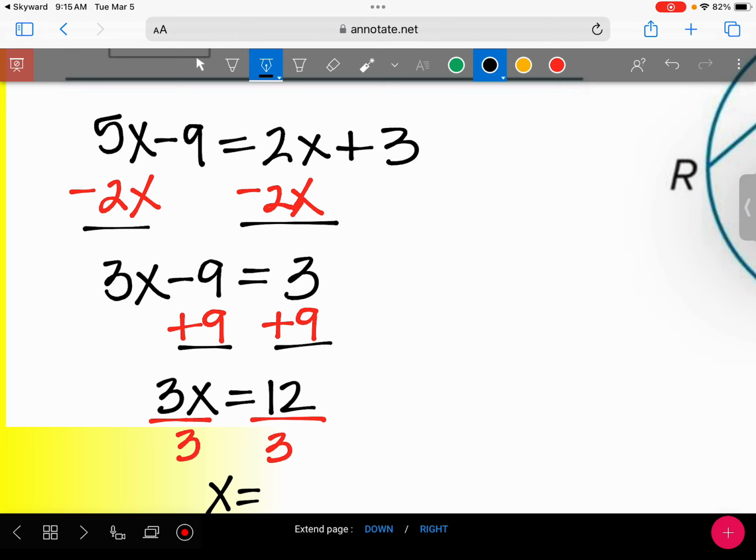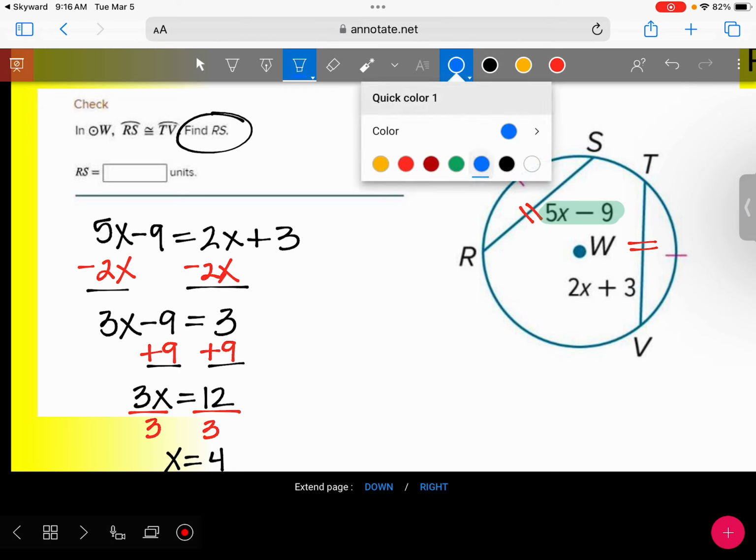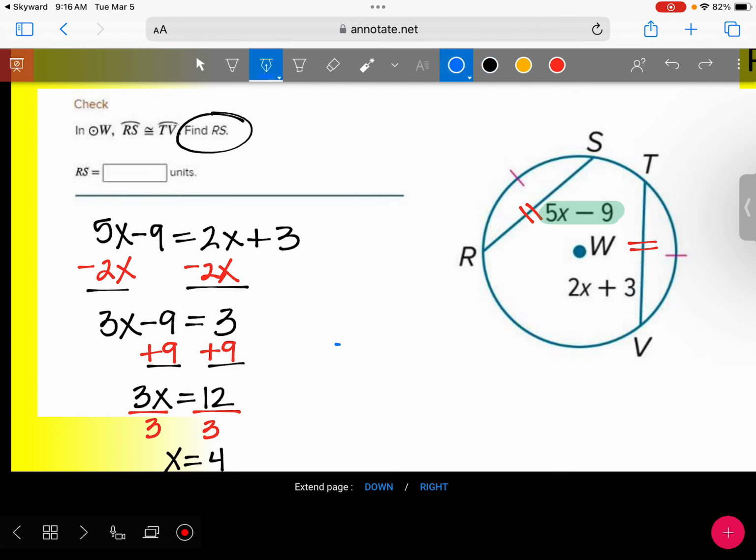So that's not my answer though. X equals 4 is not my answer. What we have to do now, because it asks us to find RS, is substitute that 4 into what I have highlighted green. So segment RS is 5x minus 9.